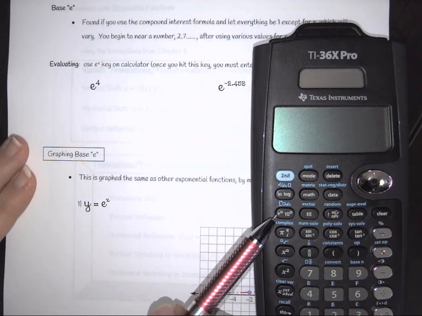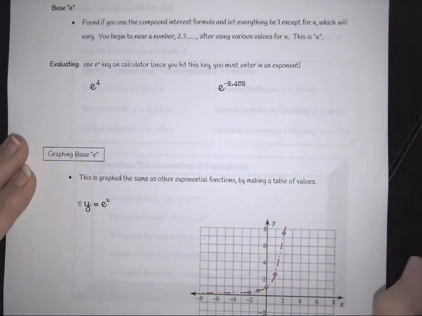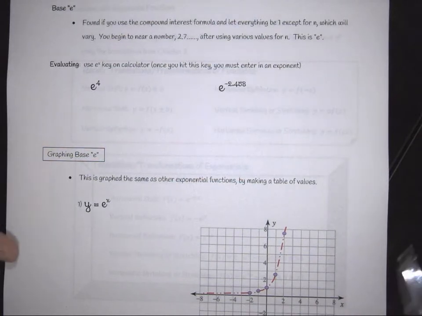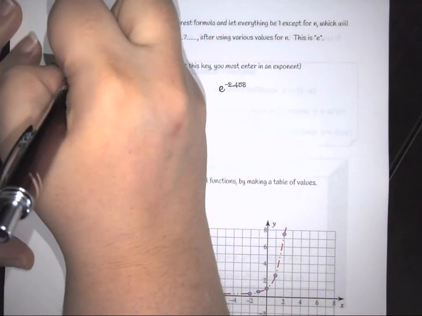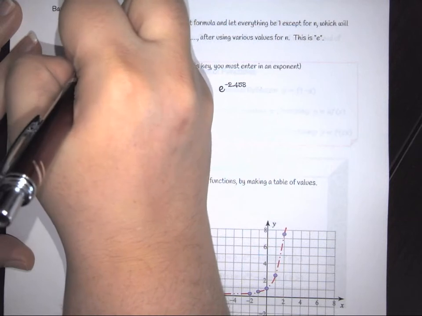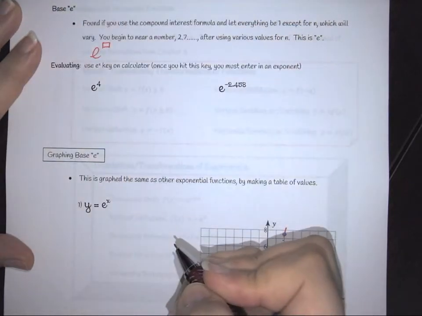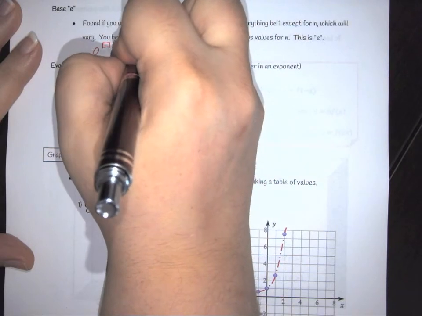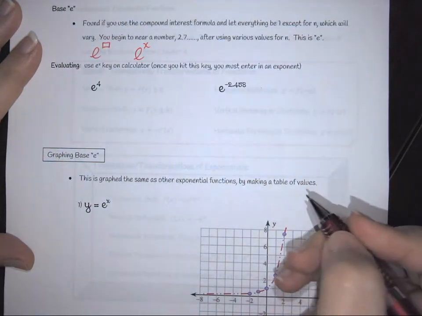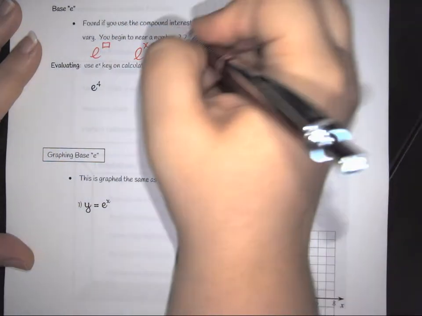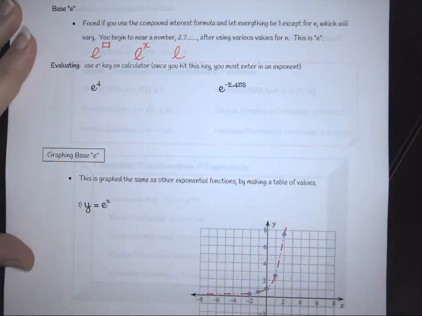So that is my e button. On some calculators, it looks like mine, where you have e and it gives you a little box. On other calculators, you might be looking for e to the x, or just simply e.